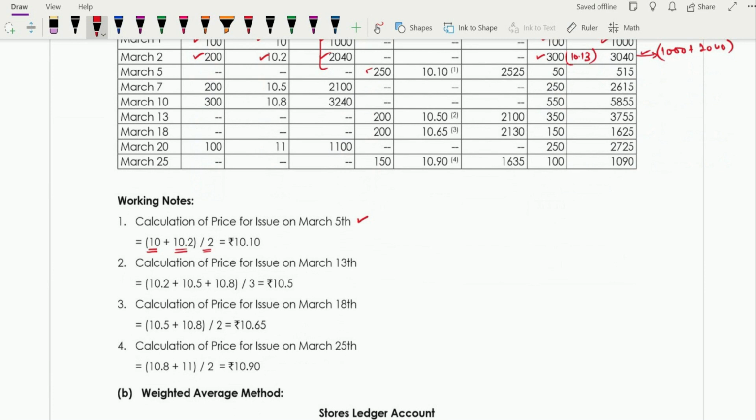That is simple average. We are not going to consider the quantity here. Why? Because if we consider the quantity, then we are applying the weighted average method. Weighted average itself says you are adding the weight. Weight means quantity. Here you don't have to consider the quantity. You only have to take the average rate. Clear? So that comes to 10.10.